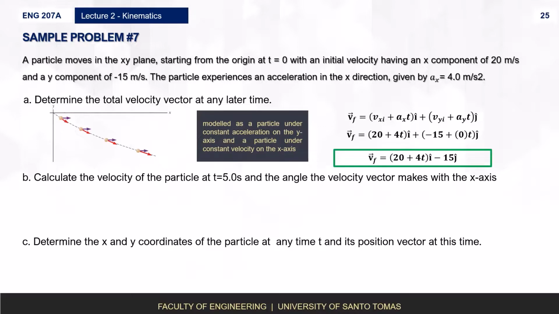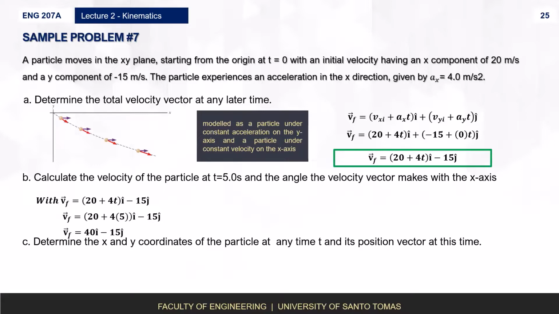Now, to calculate the velocity of the particle at t equals 5 seconds and the angle it makes with the x-axis, we use the expression acquired from A, substitute 5 seconds for t, and you should be able to get the velocity components 40 meters per second and negative 15 meters per second, like so.